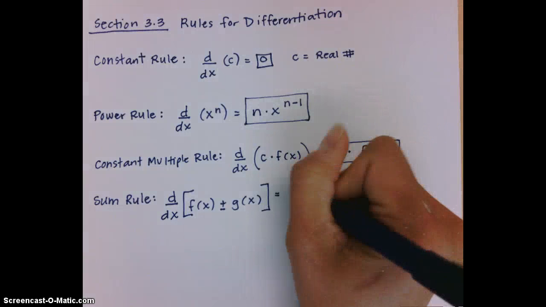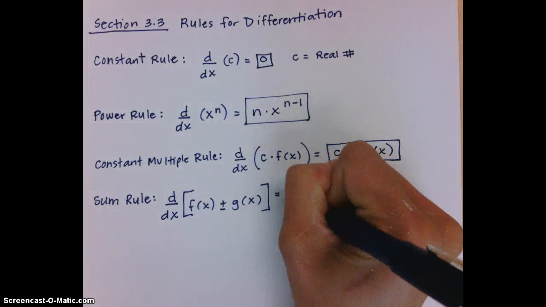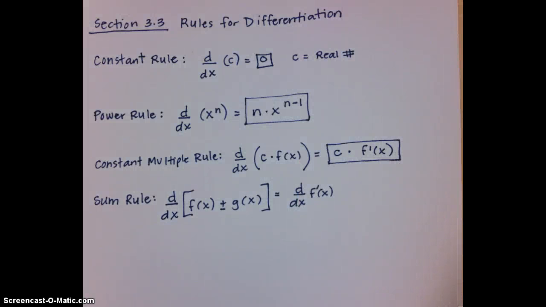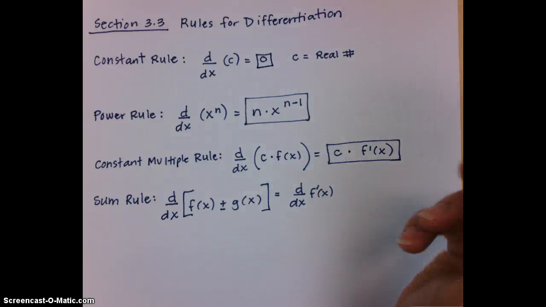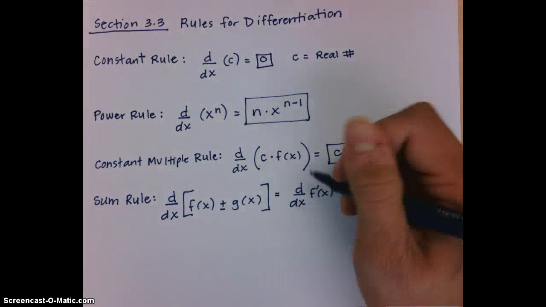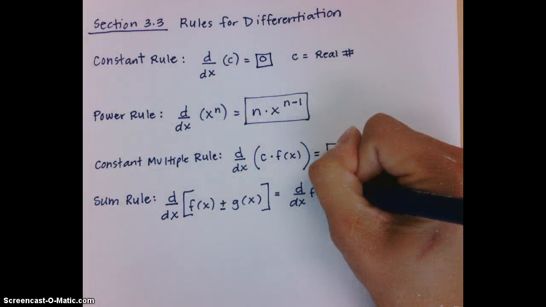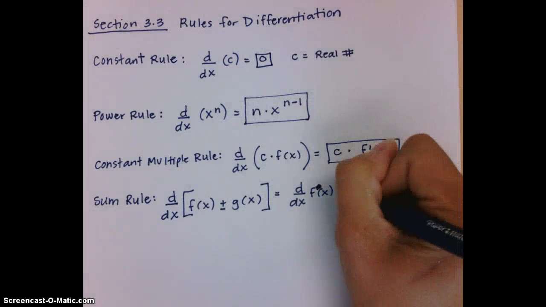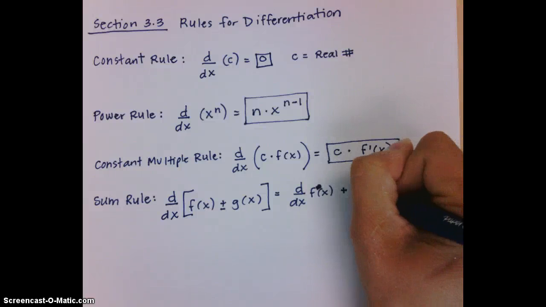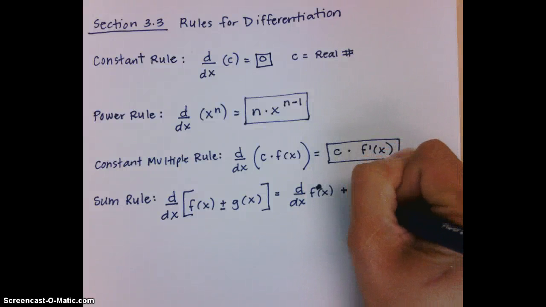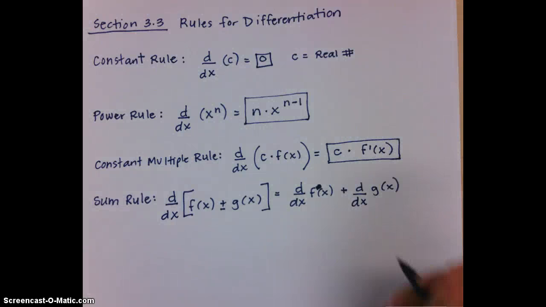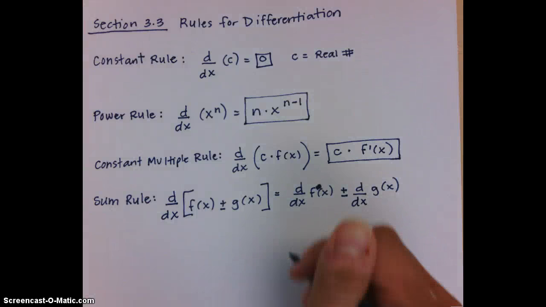Well, the sum rule says that it's perfectly fine to separate them and to take the derivative of f and the derivative of g separately, and then either add or subtract them.